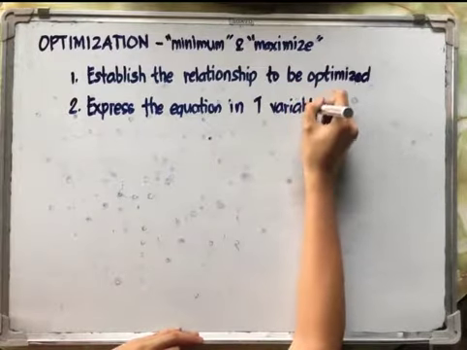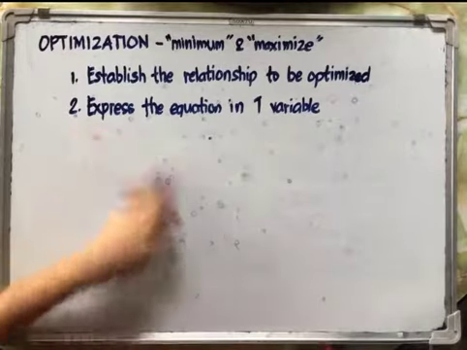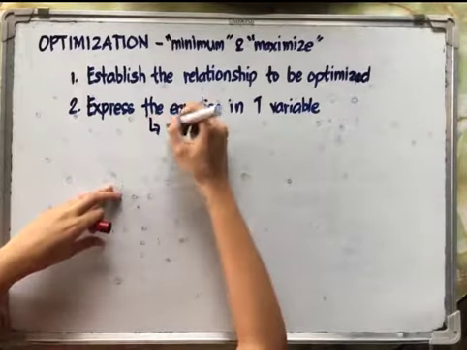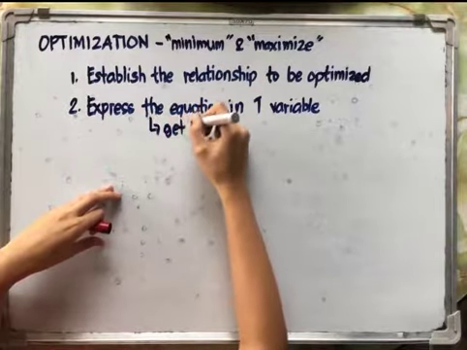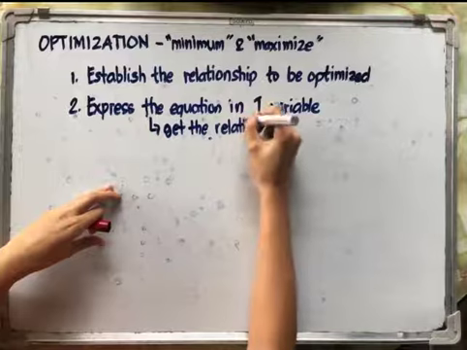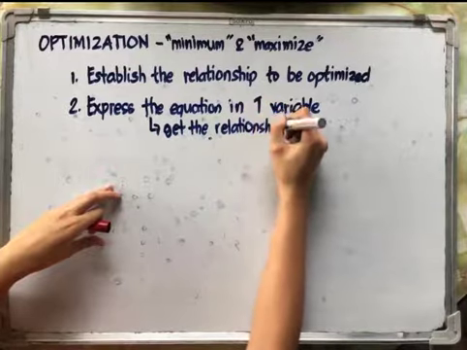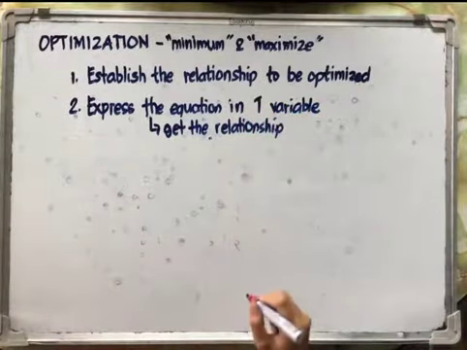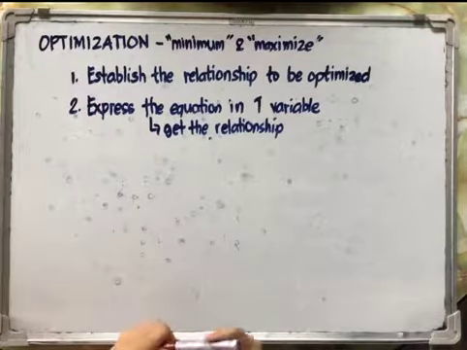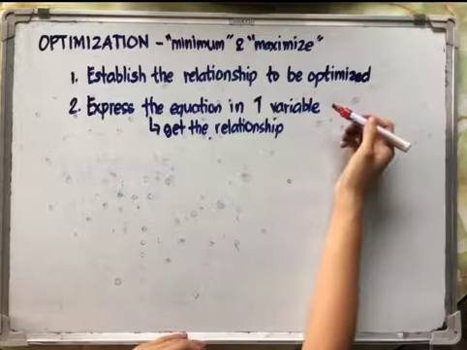Okay? And how are you going to express this in one variable? So, you need to get the relationship. That could mean maghahanap ka pa ng isang equation na marirelate mo yung dalawang variables na yon other than the equation to be optimized.